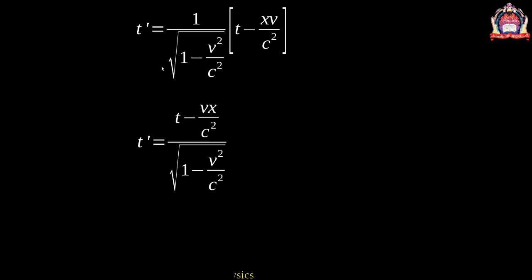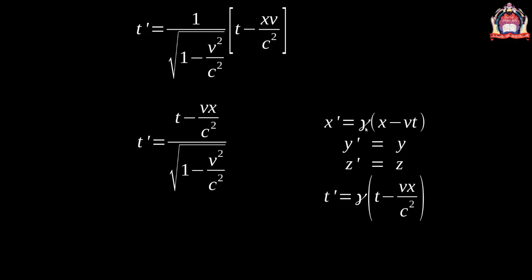So with the help of this x dash and t dash, we get y dash is equal to y, z dash is equal to z. So we get all these 4 equations, and this set of equations is referred to as the Lorentz transformation.